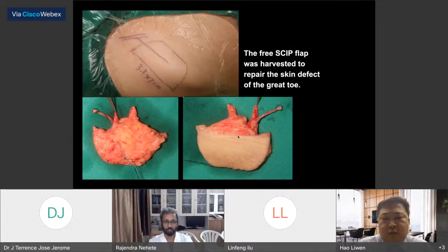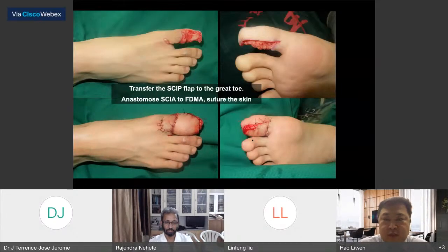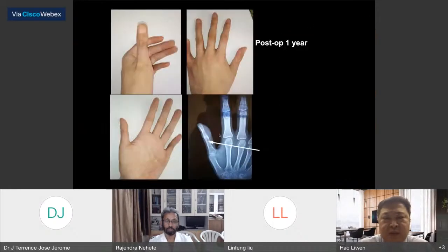At the same time, we harvest a SAIP flap to repair the donor side of the great toe. This is the appearance of the great toe. 1 year post-operation, this is the appearance of the thumb and the X-ray.